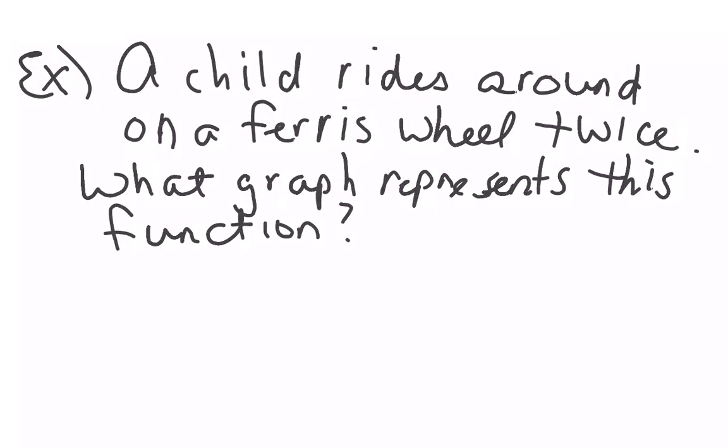So you would think it would just be a circle because they ride on a Ferris wheel. Wouldn't that represent it? However, we want to look at it a little bit differently.